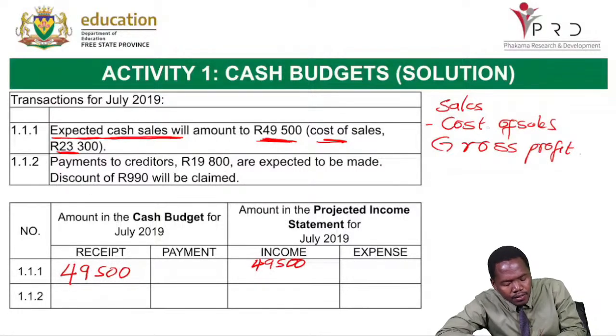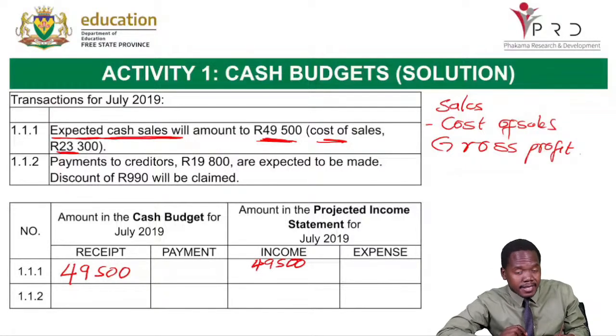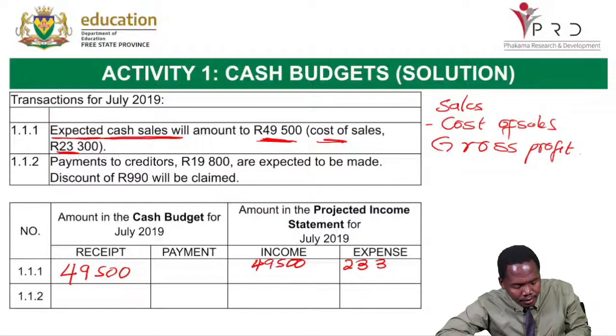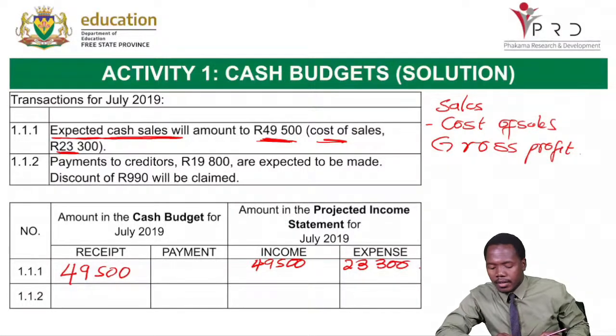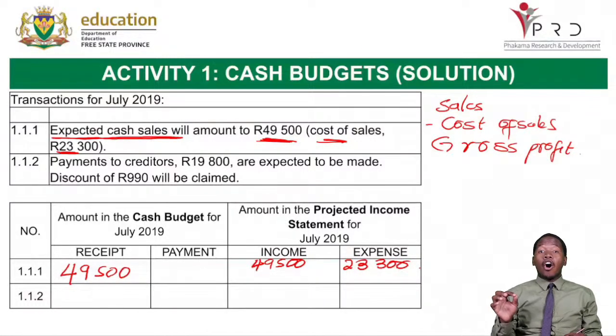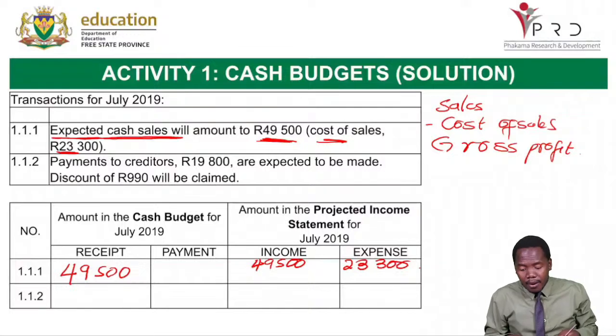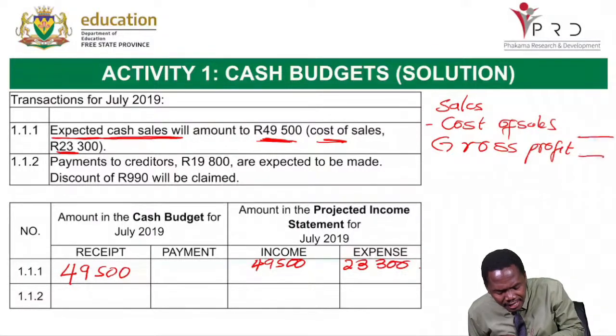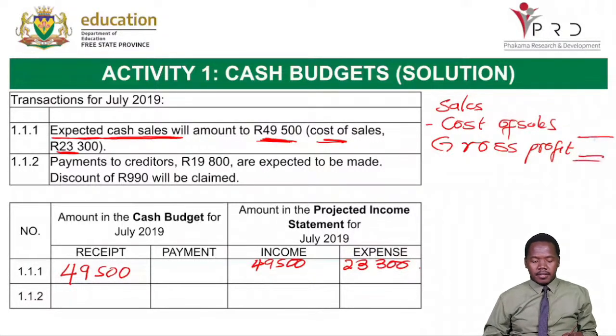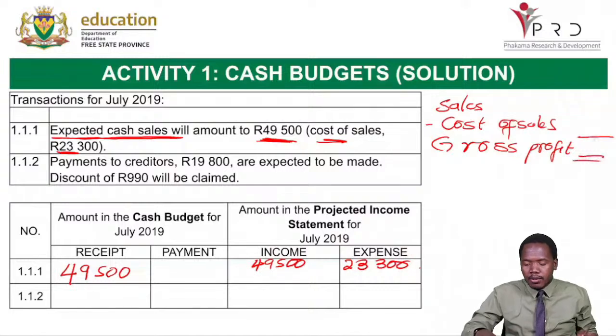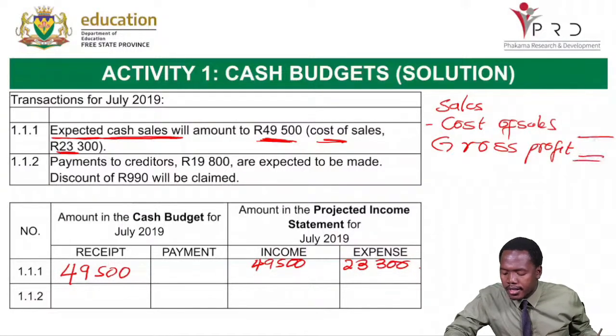And then cost of sales becomes our expense. So it is going to be 23,300. Okay? Or we can do it in another way by finding the gross profit. Meaning we just look at the difference between the two.